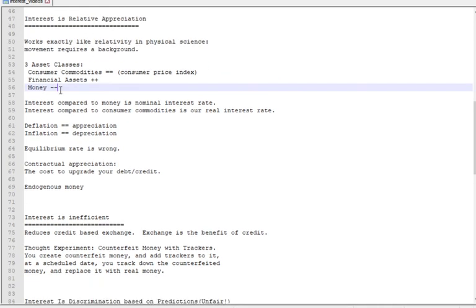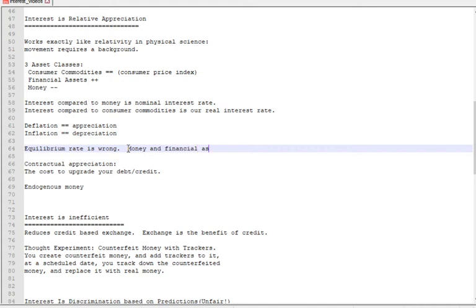But I think that's sort of a mistake, to think about money differently. So that's one obvious reason why the equilibrium rate is wrong. The other one is, first of all, money and financial assets are not inherently different.